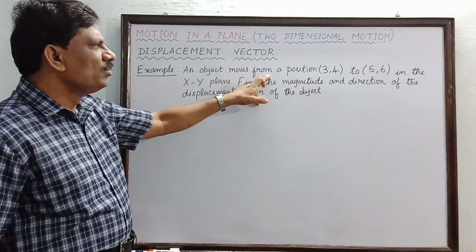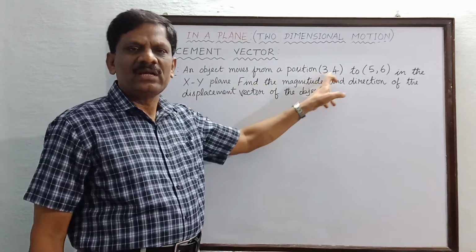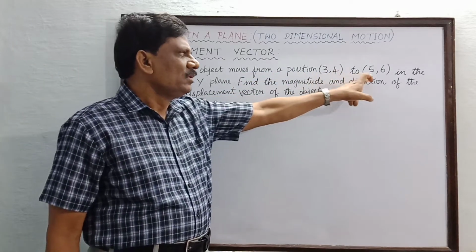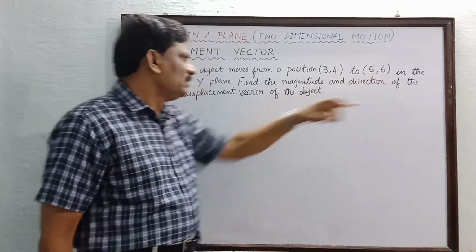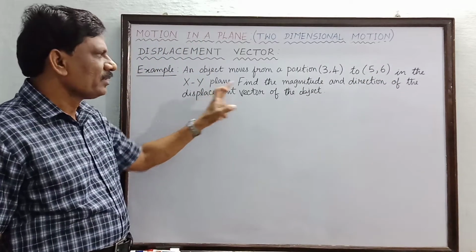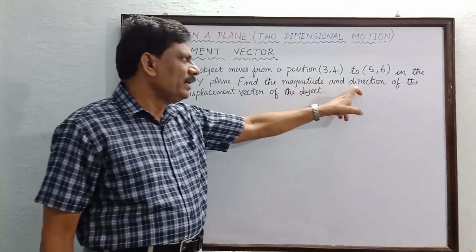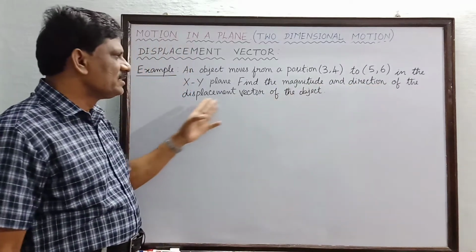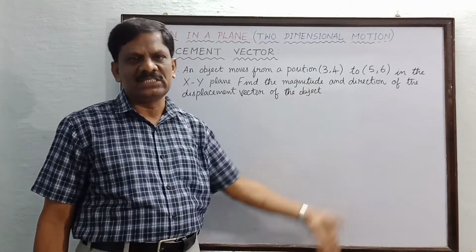An object moves from a position (3, 4) to (5, 6) in the xy plane. Find the magnitude and direction of the displacement vector of the object.